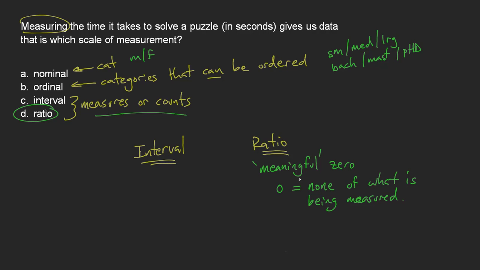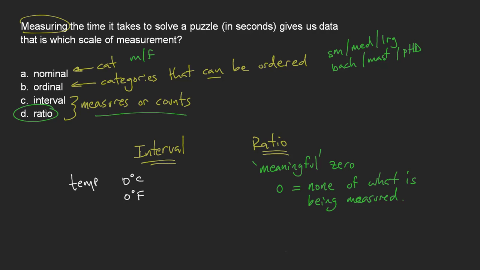But there are some kinds of measures where 0 does not mean that there is none of what's being measured. Usually, the easiest example that's given is temperature. Now, whether you're dealing with 0 degrees Celsius or 0 degrees Fahrenheit, the 0 points of these temperature scales were arbitrarily chosen, and that means that they weren't chosen because they represent none of what's being measured.